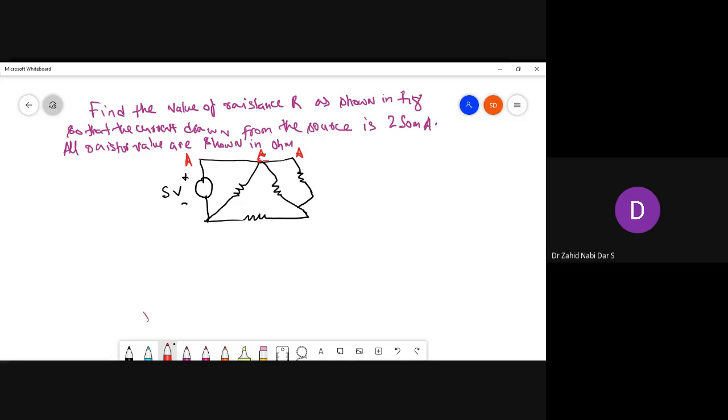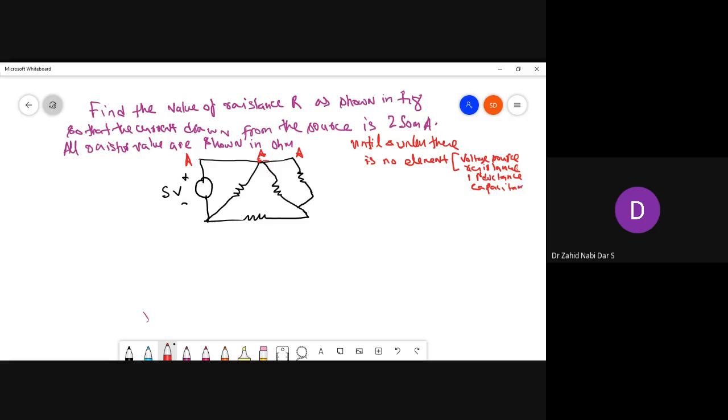Remember one thing: until and unless there is an element. And what is an element? An element can be a voltage source, a resistance, an inductance, a capacitance, any source, it can be a diode also.